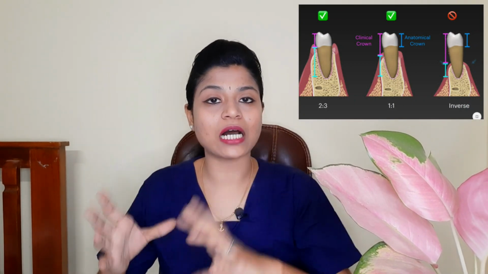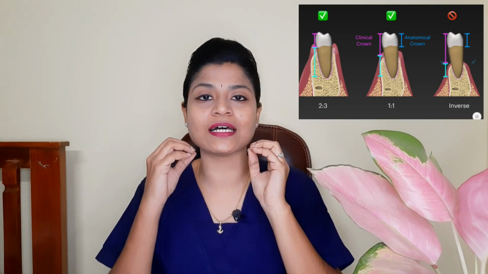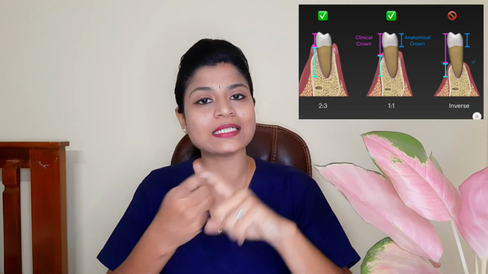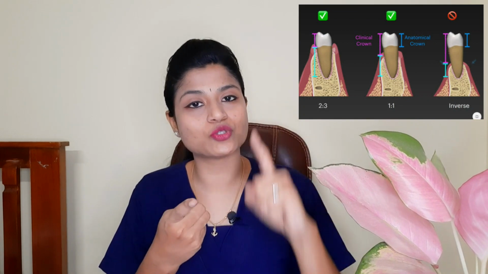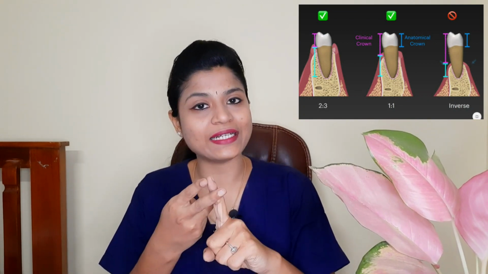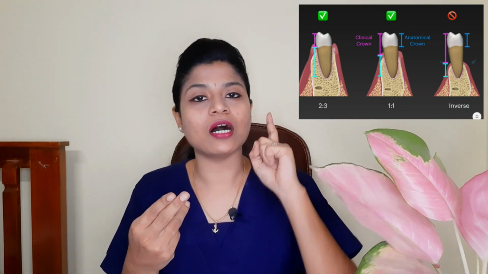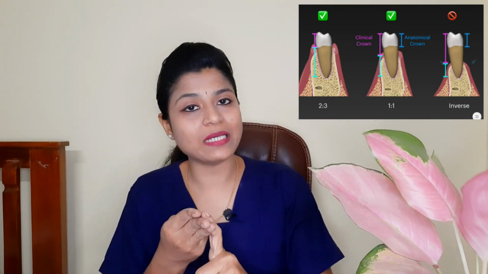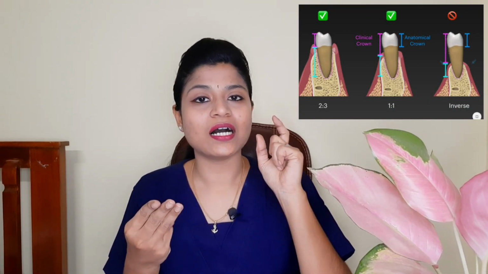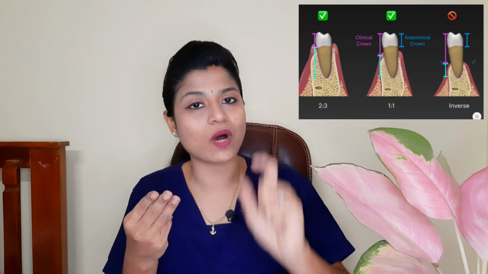For MCQ purposes, it is very important to remember that when it comes to ANTE'S law, we have 3 crown to root ratios. The optimum is 2:3, the ideal is 1:2, and the minimal crown to root ratio is 1:1.